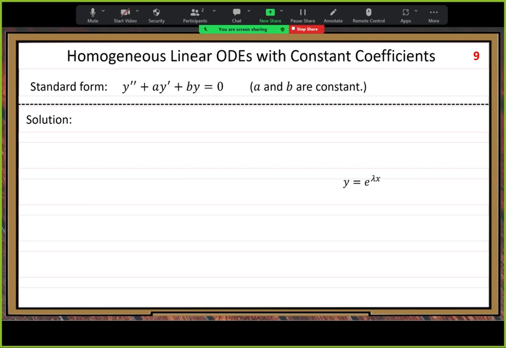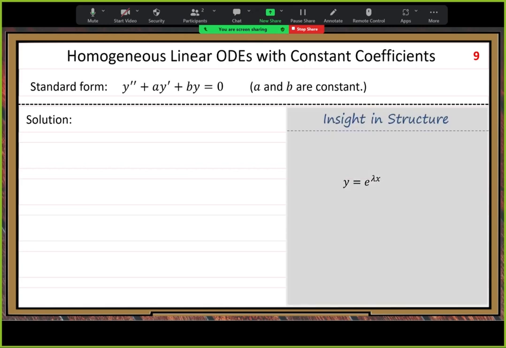Here, to get insight into the structure of the solution, we want to get insight from our old experience. First order ODE. That's our old experience, right? So let's consider. We try to get inspiration from our first order solution experience.